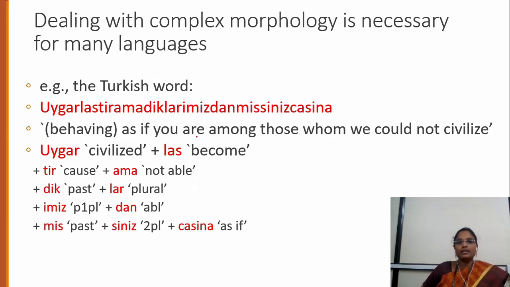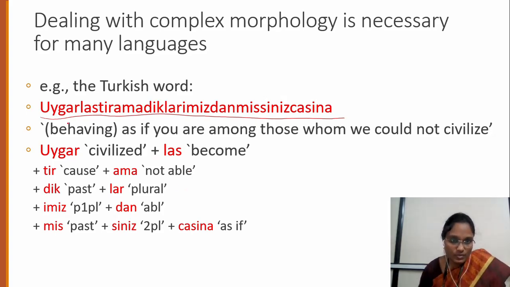In certain languages, the morphology is very complex, and we need to deal with it. If you look at this particular Turkish word, it is a very long word. We have seen in the Chinese language there is no space between the words.